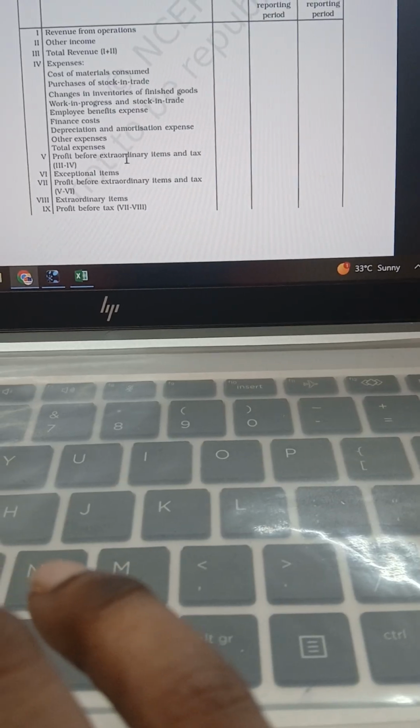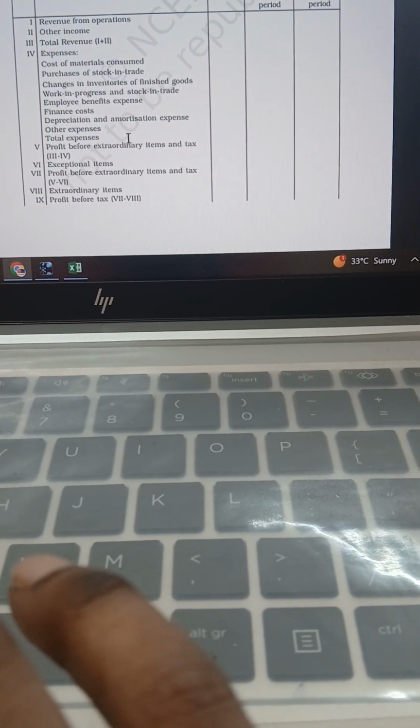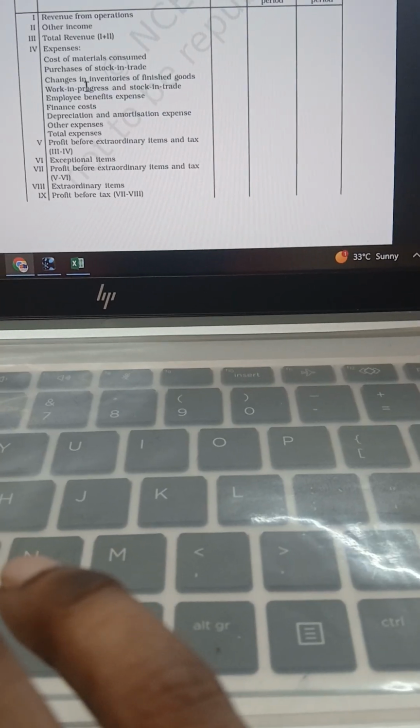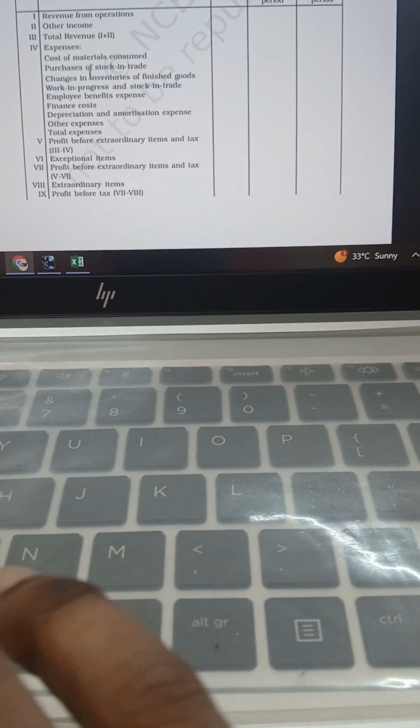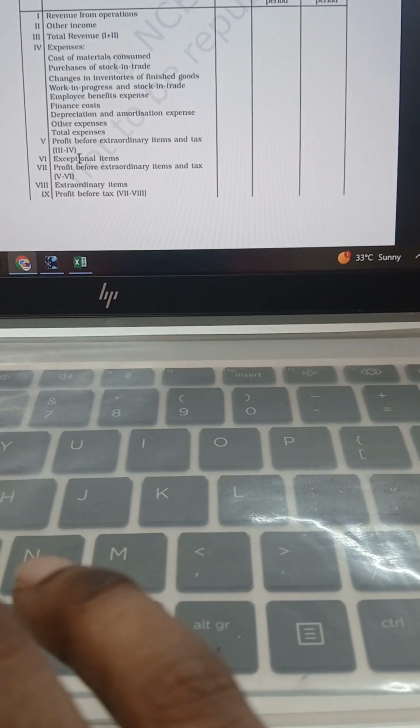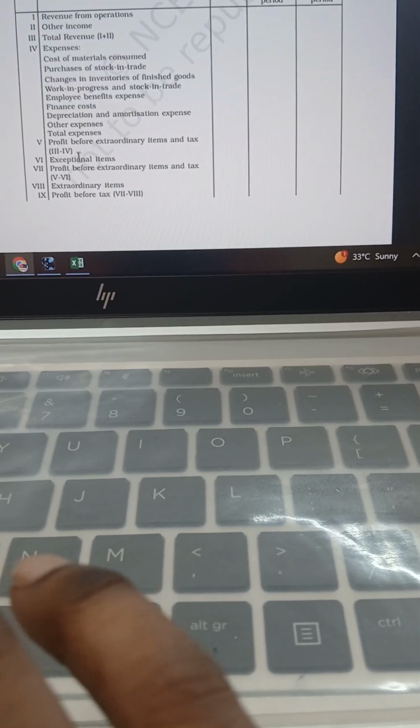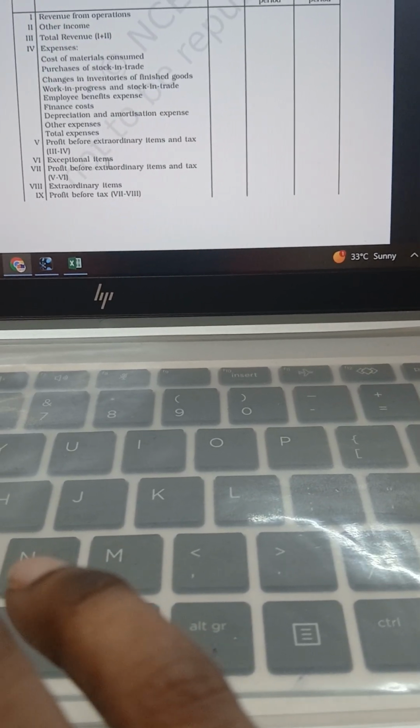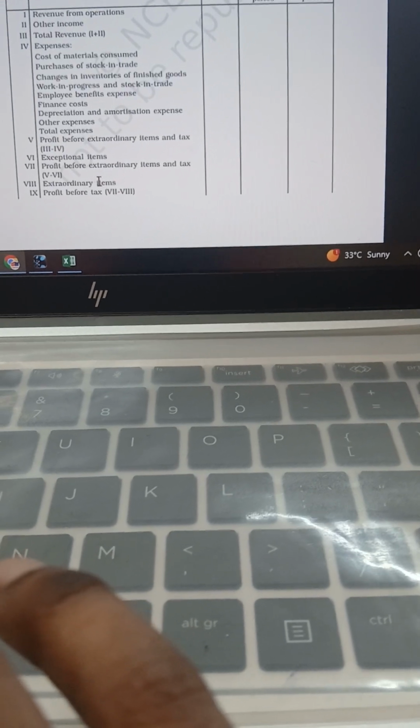Then profit before exceptional and extraordinary items: the profit that we get by subtracting the expenses from revenue. Then exceptional items, any other items to be shown here.